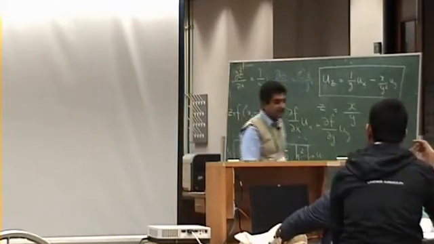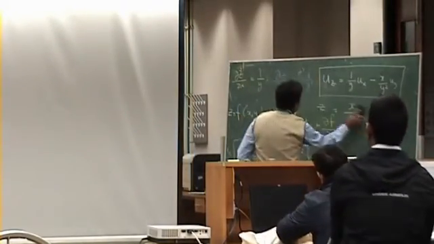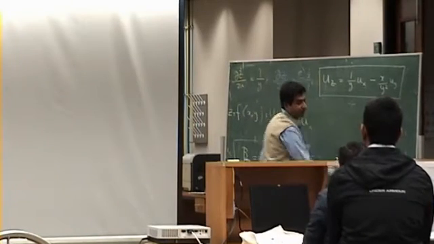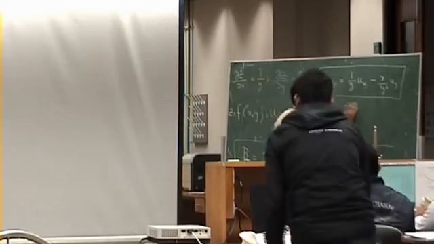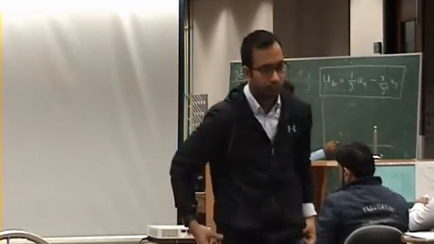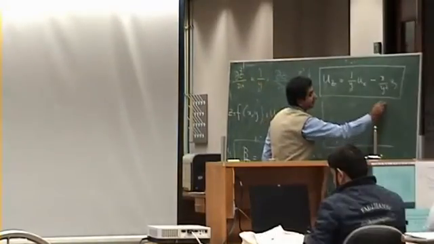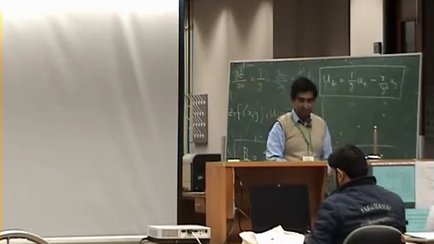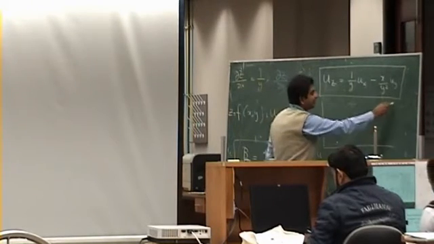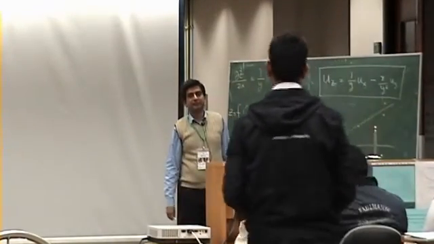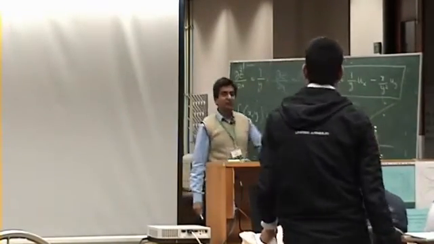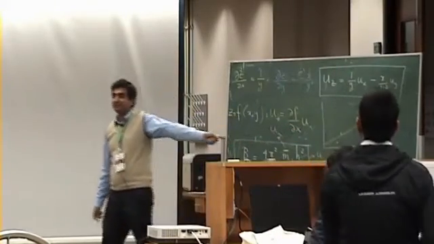Now what does the uncertainty in the slope mean? If I have a graph, if these are my points, I can draw a line like this, right? But what's so special about this line?